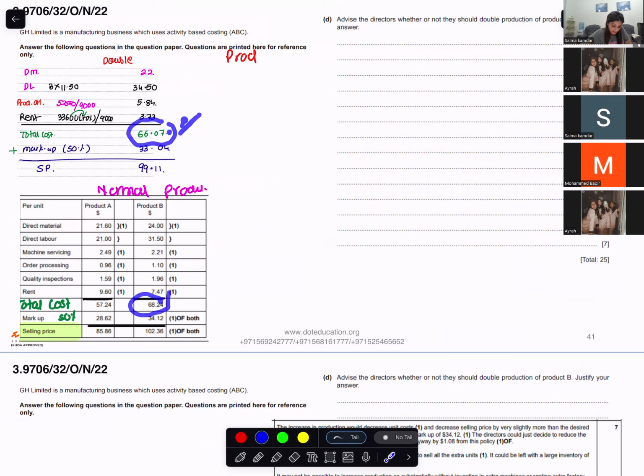The markup is the same, so profit is a bit lower, but the markup percentage remains the same, and the selling price is lower.